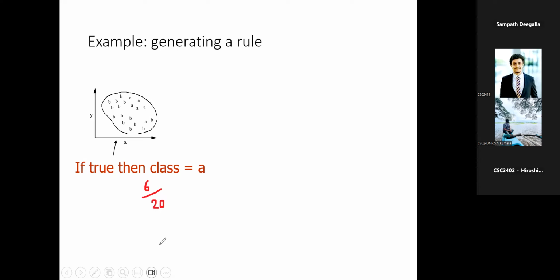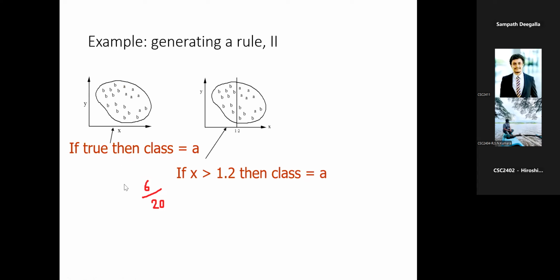So this is the accuracy without putting any conditions. Next, you are going to improve the accuracy by putting some conditions. If you go along the X direction, at some point you can see a point where you can separate A's from B's.